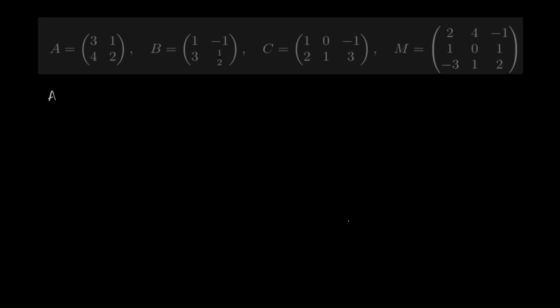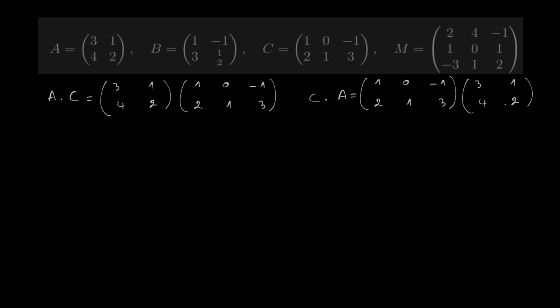Next, we want to calculate A times C and C times A. As you can see, matrix A has 2 columns and matrix C has 2 rows. Because these numbers match, we can multiply them.